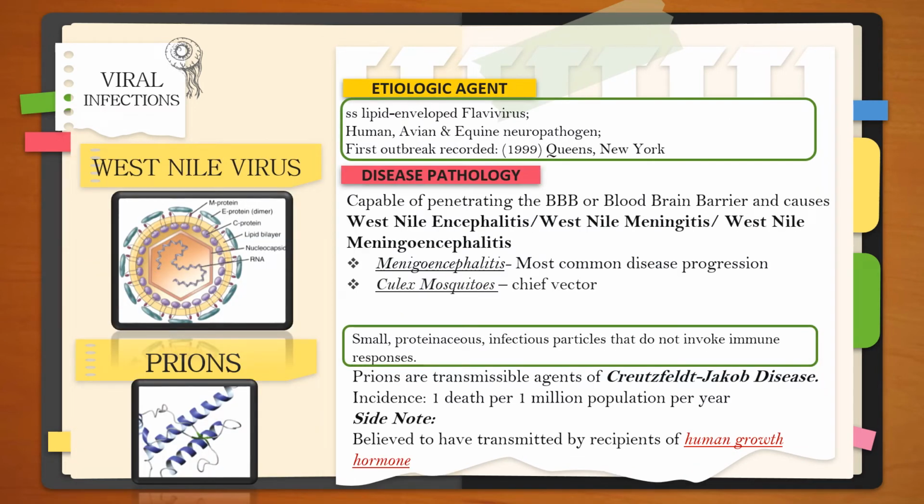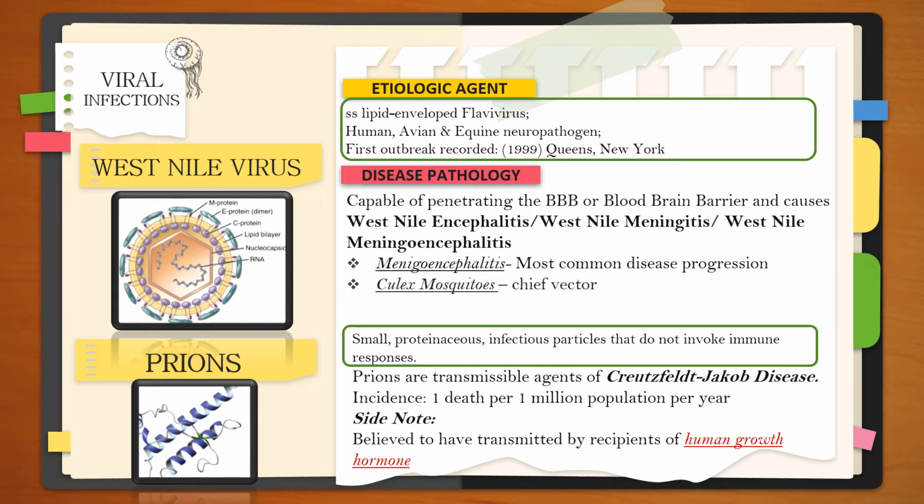So next, for viral infections, we have the West Nile virus and prions. West Nile virus is a lipid enveloped flavivirus that causes human, avian, and equine neural-related infections. The first outbreak of West Nile virus was recorded in the year 1999 in Queens, New York.